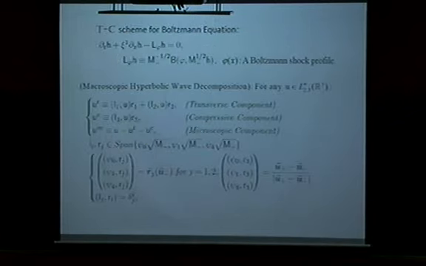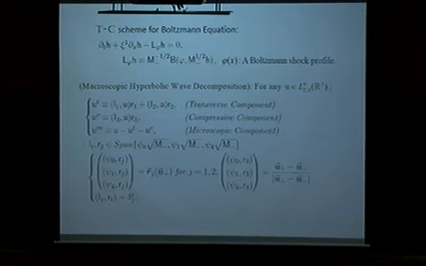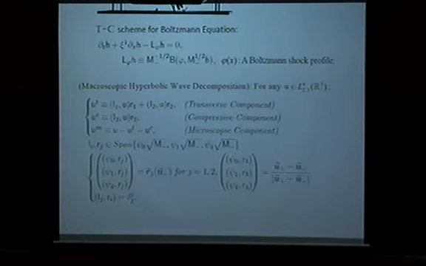So now I am going to implement this structure in the Boltzmann equation. Here is a linearized Boltzmann equation around the shock profile. I am going to take care of the macroscopic component, because the macroscopic component of the Boltzmann equation is the part related to the Euler equation.